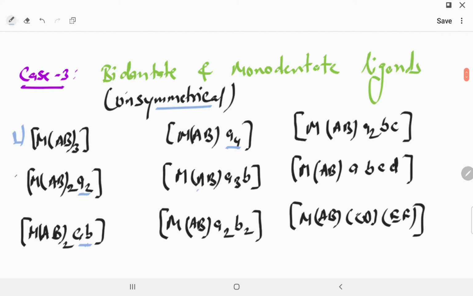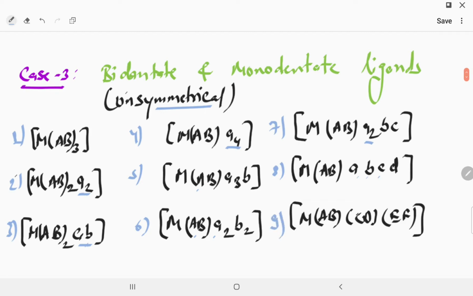Now MAB, this is 2, 3, 4, 5th, this is 6. In the 5th case you are able to see MA3B3. Now you can see the 6th is MA2B2C2, the 7th one is MA2BCD, and the 8th case is MABCDEF, all different.